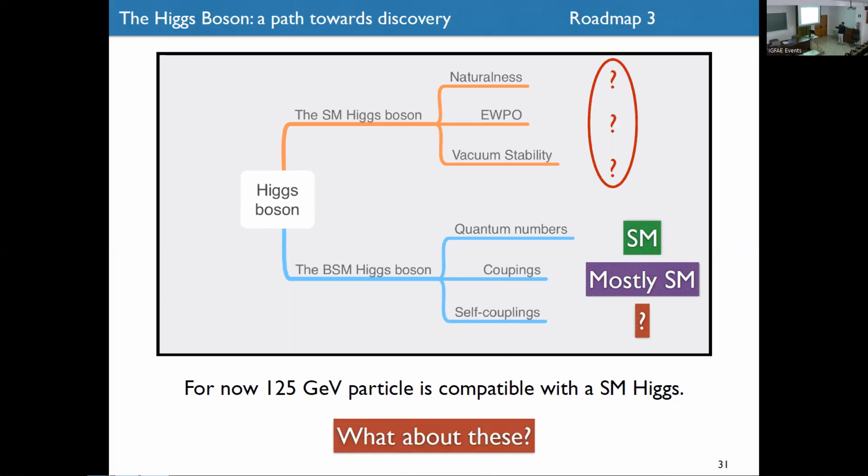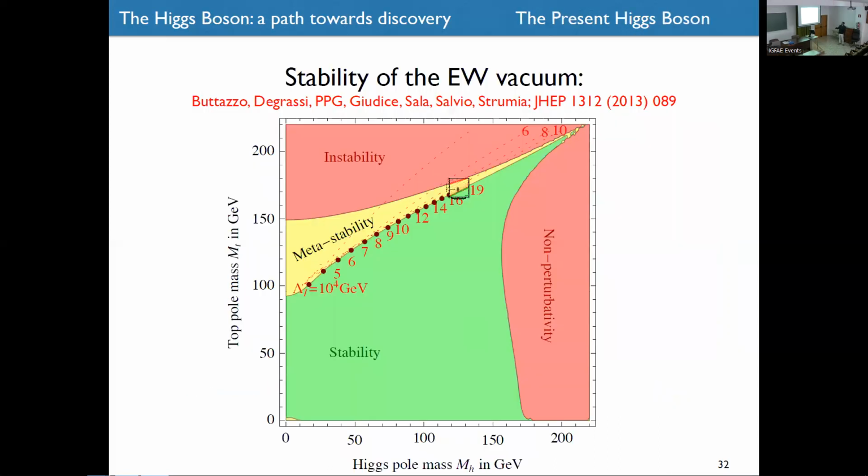So what about these three? Now that we actually have the standard model Higgs, let's see what happens there. So first is the stability of the electroweak vacuum. In this plot, we have the mass of the Higgs and the mass of the top. Here we are assuming that the standard model Higgs is the only theory up to the Planck scale.